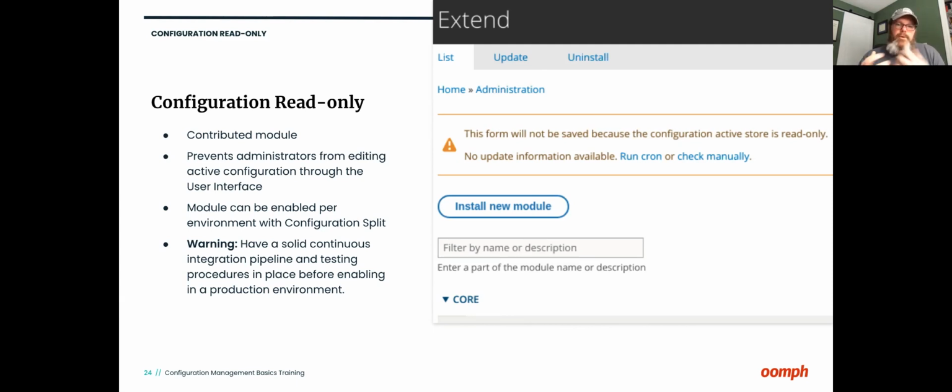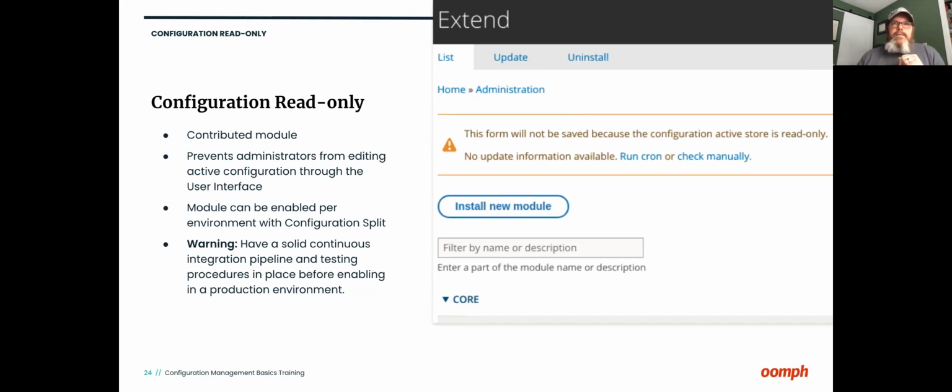At Oomph, we have a rigorous code review process that includes reviewing any changes to configuration, obviously. And one thing that can happen is config can change in production.